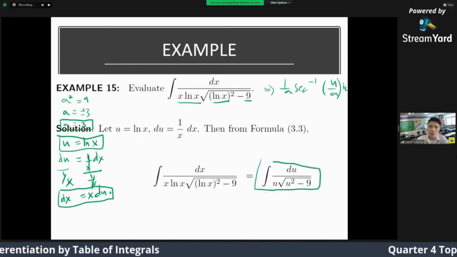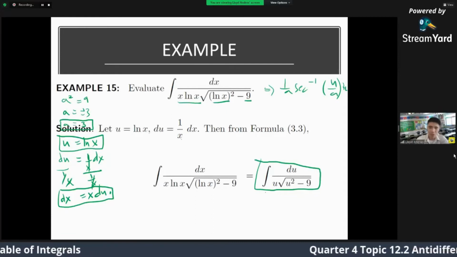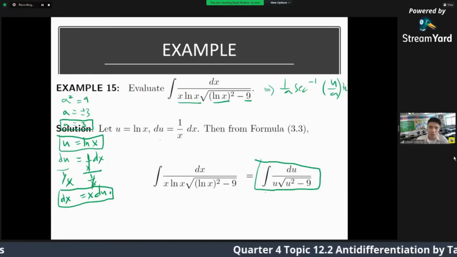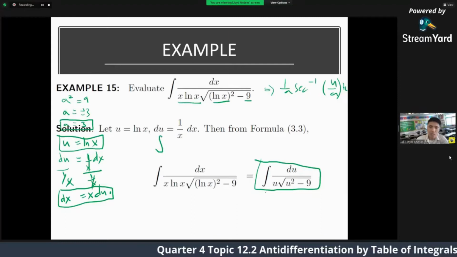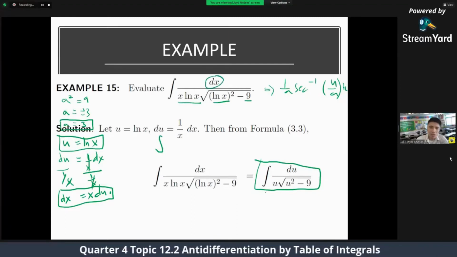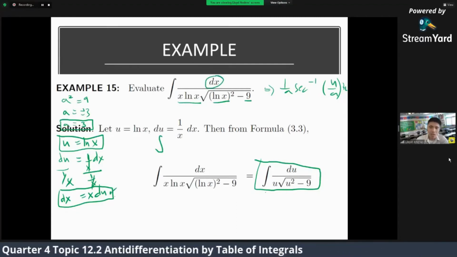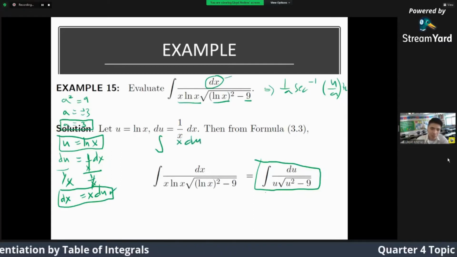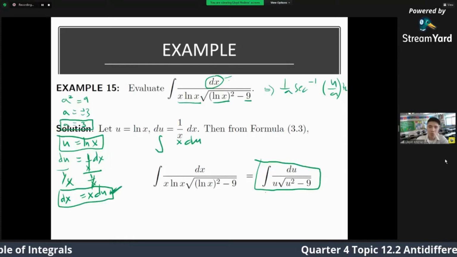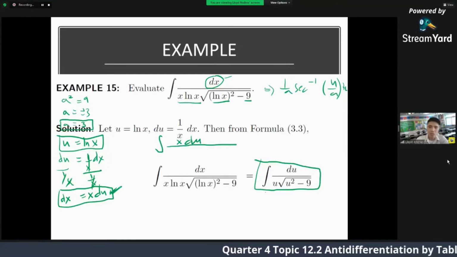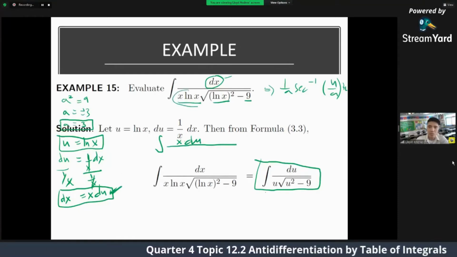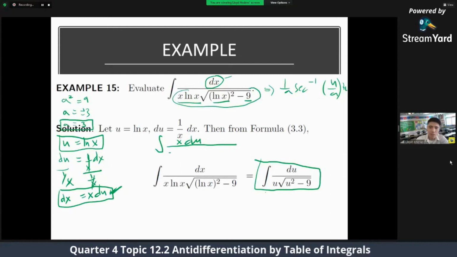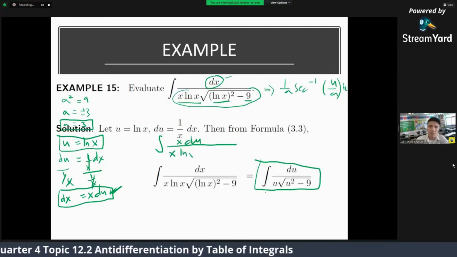Sir, giunsa naman po na sir sa libro. Sige, atong isa-isahon. So that is integral dx. So kanya atong gamiton. Integral ni x du. Ipulihan nato si dx og kani x du over sa baba nato kani x ln of x.